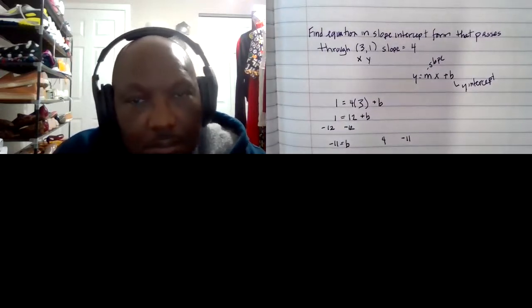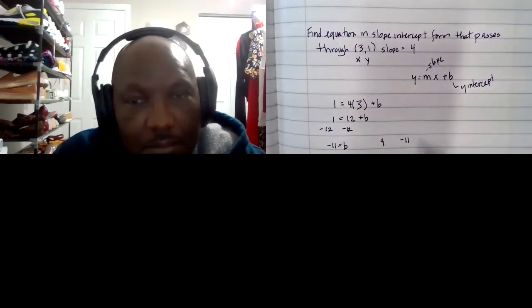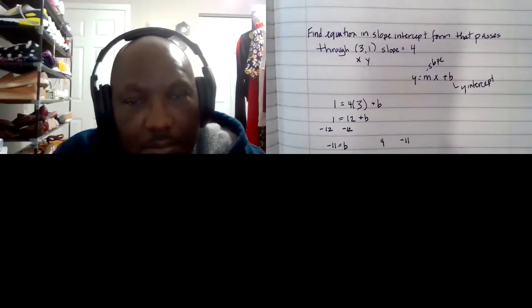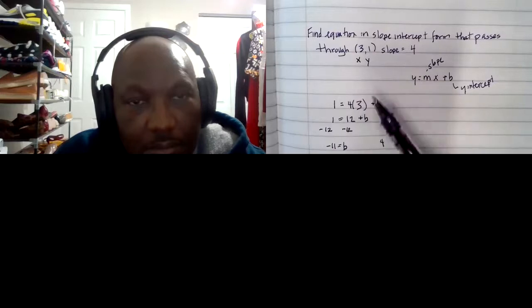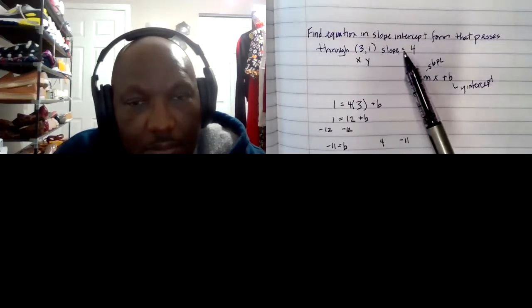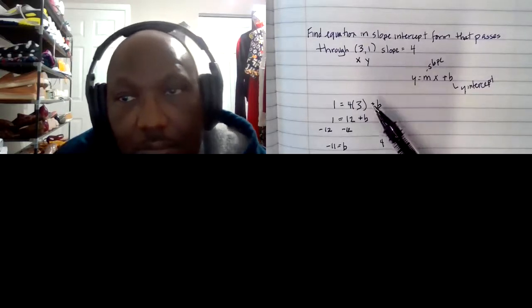Then we found the slope from an equation by turning a regular equation into the slope-intercept format. And here they've given us a set of coordinates and the slope, and we still can graph the line because we have all the information. That's all the information you really need for graphing.